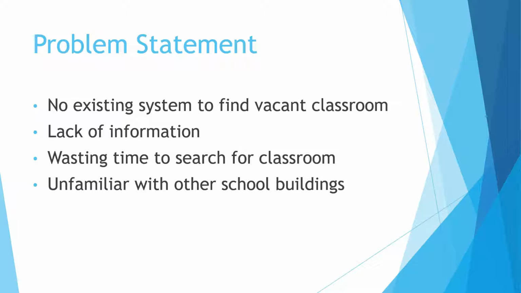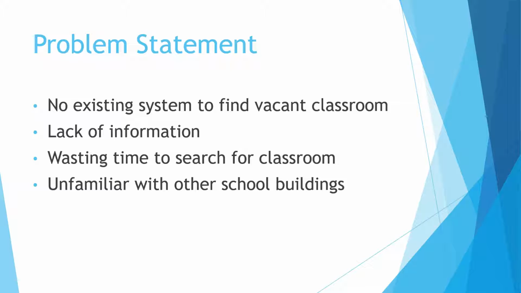Currently, there is no existing system to help students find vacant classrooms in a timely manner, and students lack information about the university's available classroom schedule. Sometimes, for reasons such as a class being cancelled or temporarily reserved activities, classroom status can change.